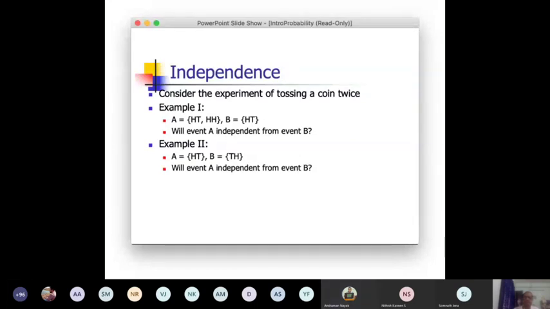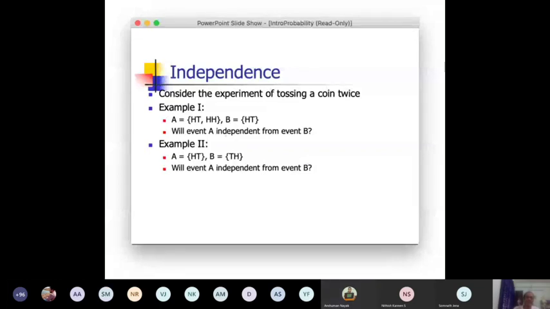The interesting thing, you see, consider these examples. See the second example, A and B, both of them are independent, are they? I'm sorry. Not both of them are. Last one is not independent.